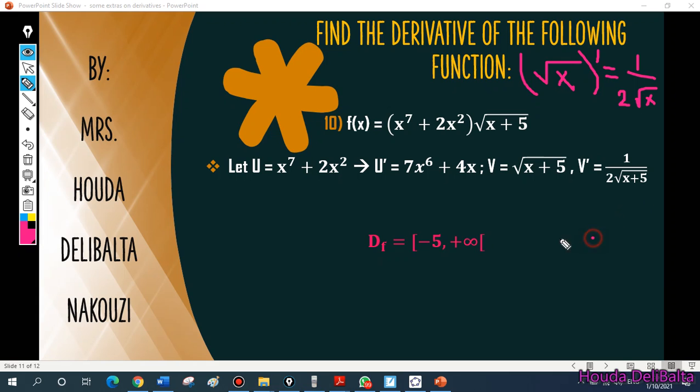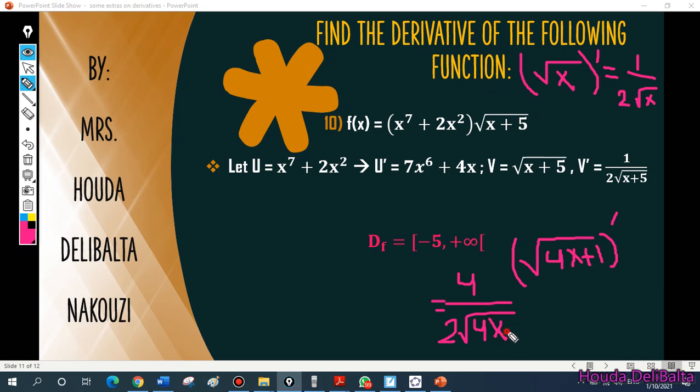But if it was of the form, for example, radical 4x plus 1, then the derivative of this one is going to be 4 over 2 radical 4x plus 1, because x here is multiplied by a constant.